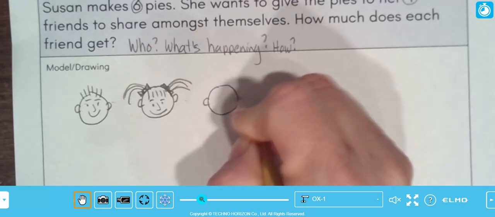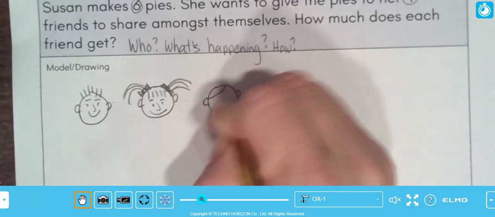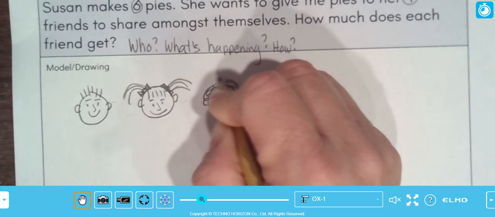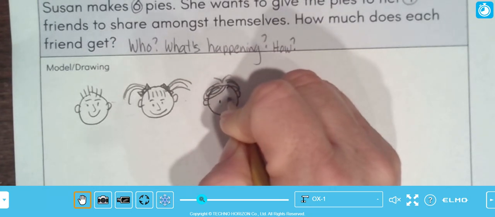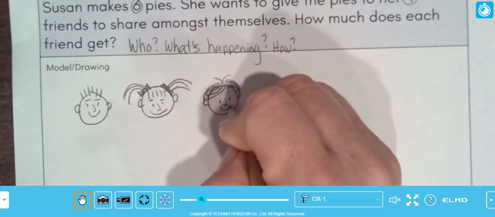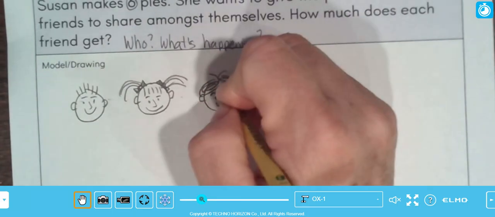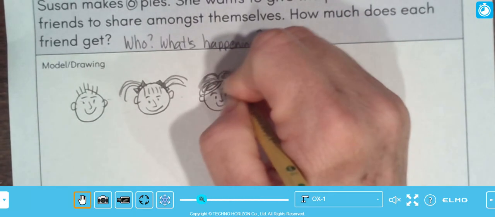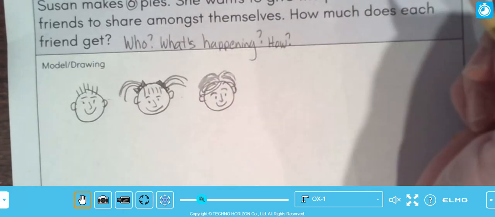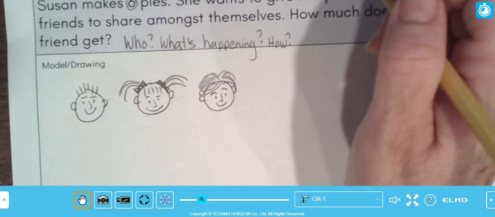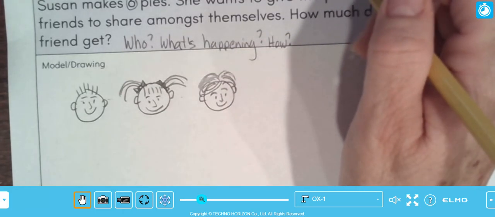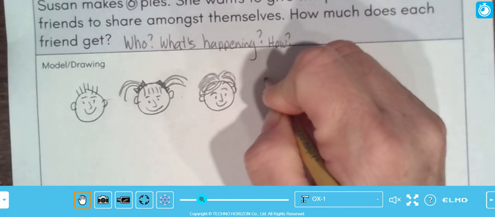here. Let's make his hair go like this. And then his hair go like this. Okay, here's another friend. I gave him hair. Okay, that's not good hair, but oh well. Okay, then another girl.